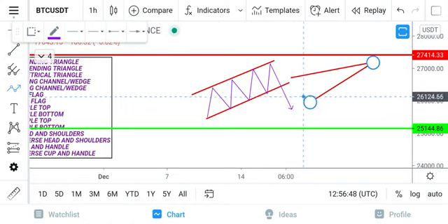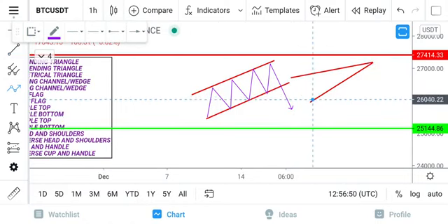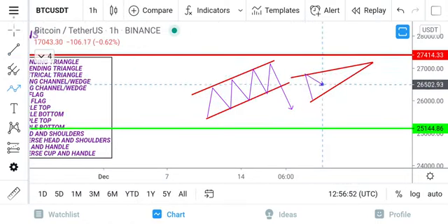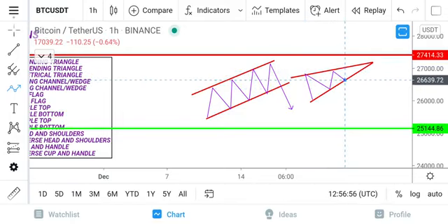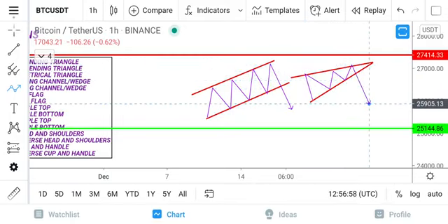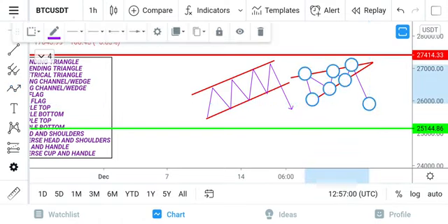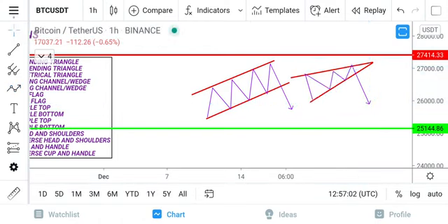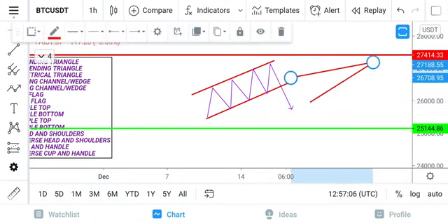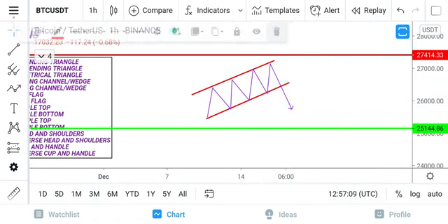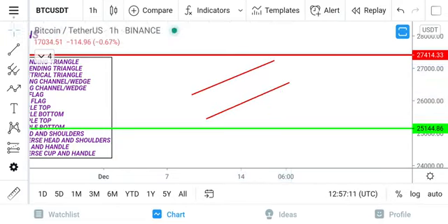Just like a rising channel, a rising wedge is also bearish, so the price will eventually break down too. They are both almost the same thing, and they both have the same price action.